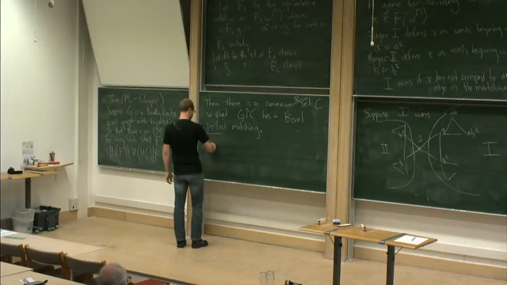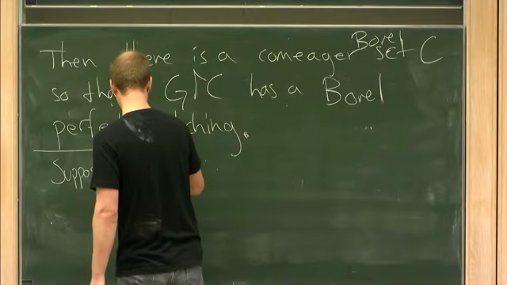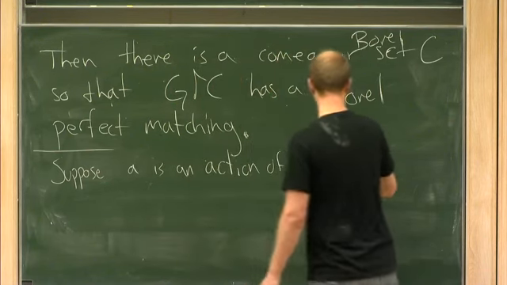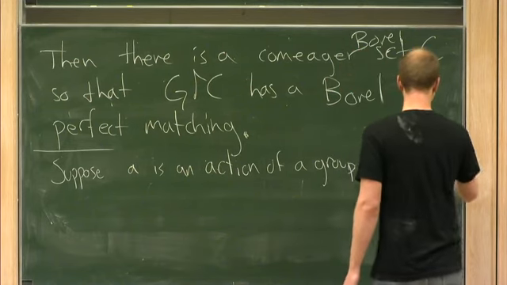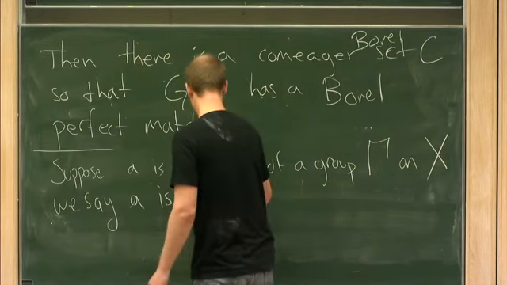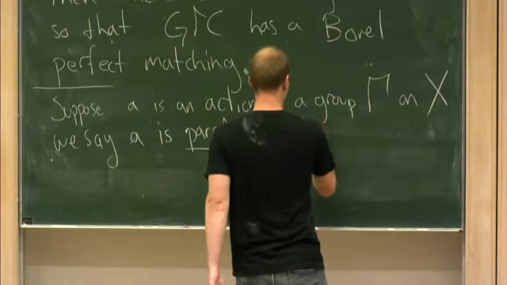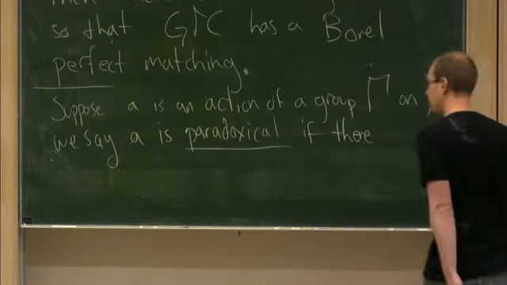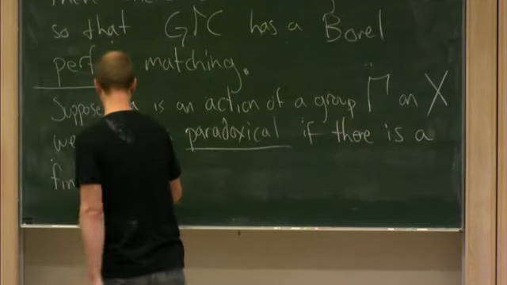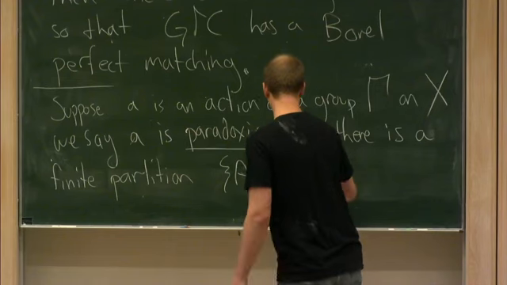So suppose A is an action of a group gamma on some space X. We say the action is paradoxical if I can partition X into finitely many pieces and of two types.